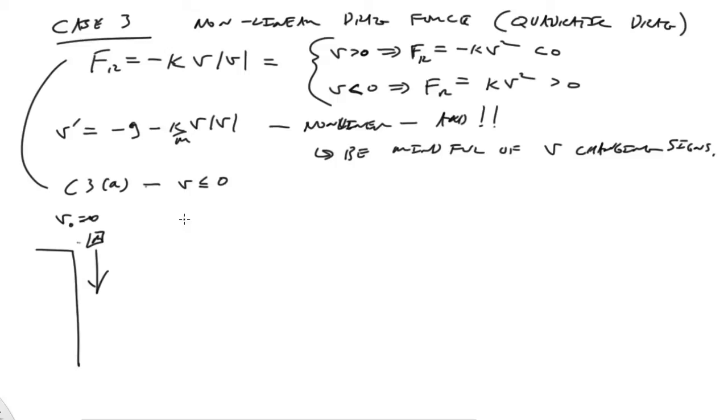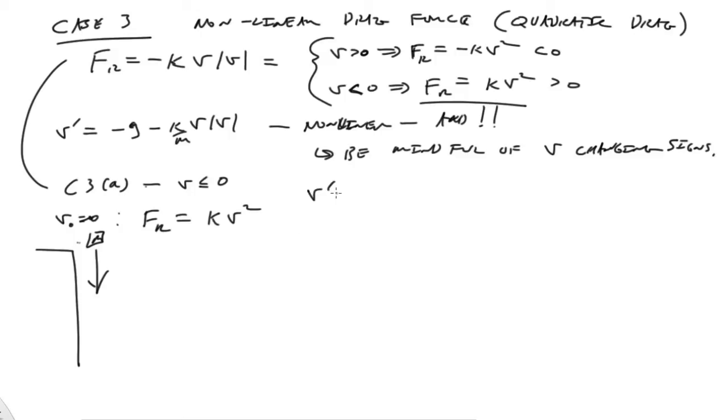And so in this case, FR, we have to take this latter case here. So FR becomes an upward only force, negative k times negative, so it's a positive force in this particular case. All right, so let's write down that differential equation.